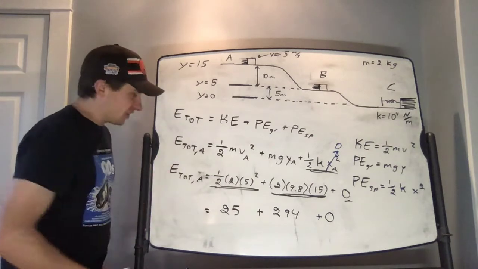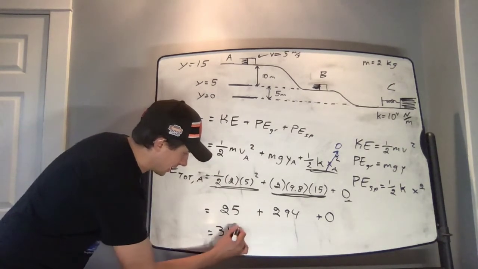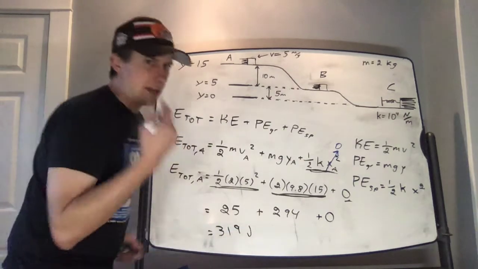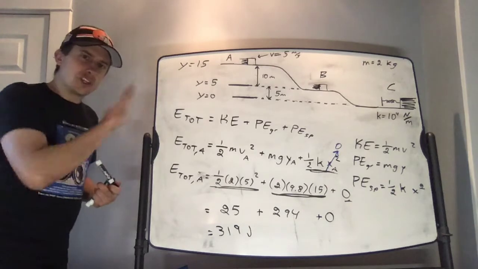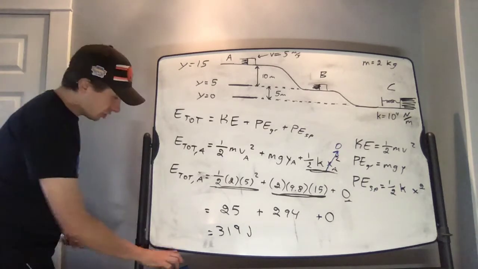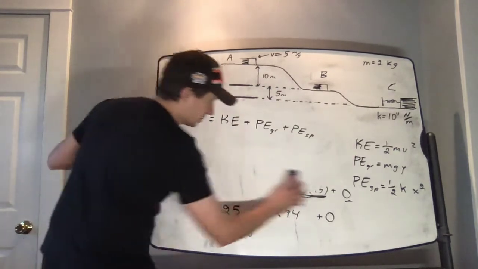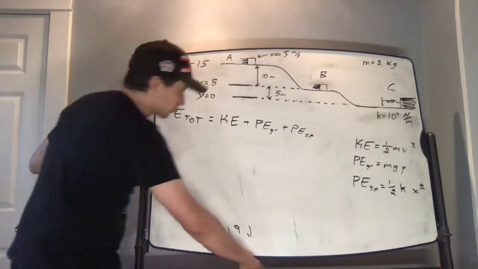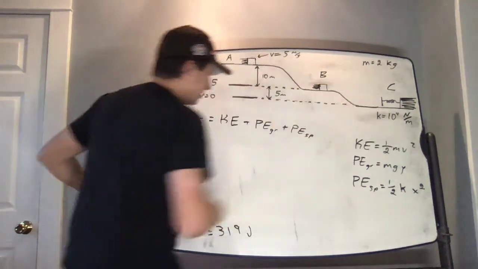So if I add these numbers together, I find that in total, there are 319 joules of energy in this problem. So we are going to use this now. The total amount of energy in this problem is 319 joules. And this is going to be true at moment A and at moment B and at moment C.